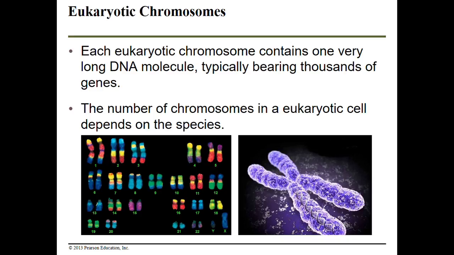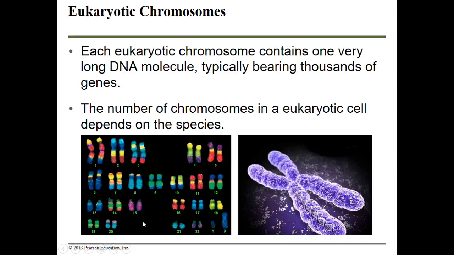So right here we have an example of the human genome and our chromosomes. We label them by size and number, so the longest first, so 1 is grouped together, a pair of chromosomes, 2, 3, and you can see how they're getting grouped together by size from largest to smallest.